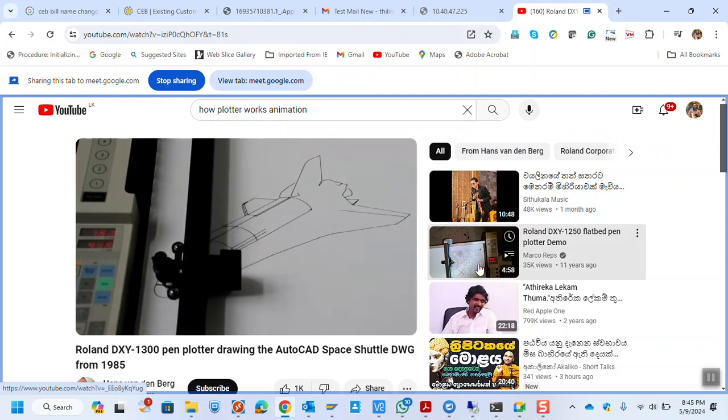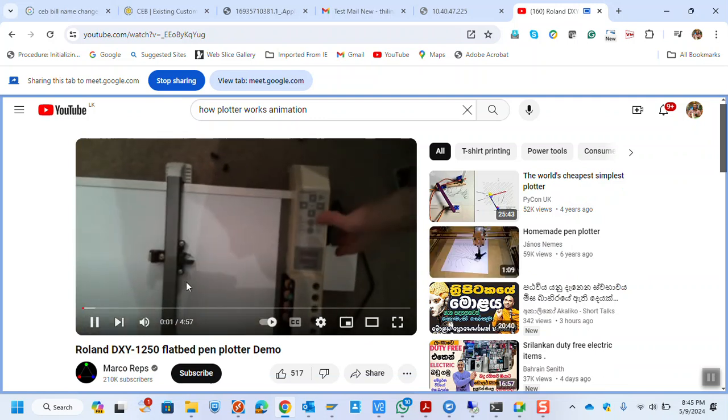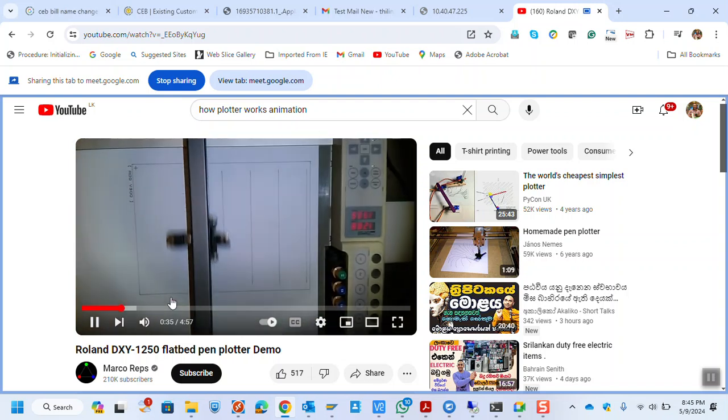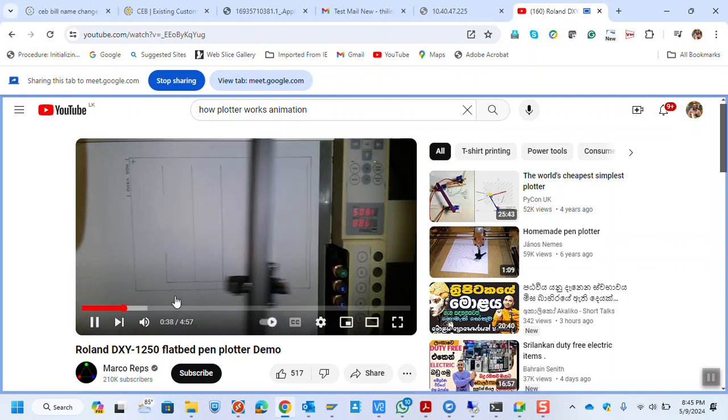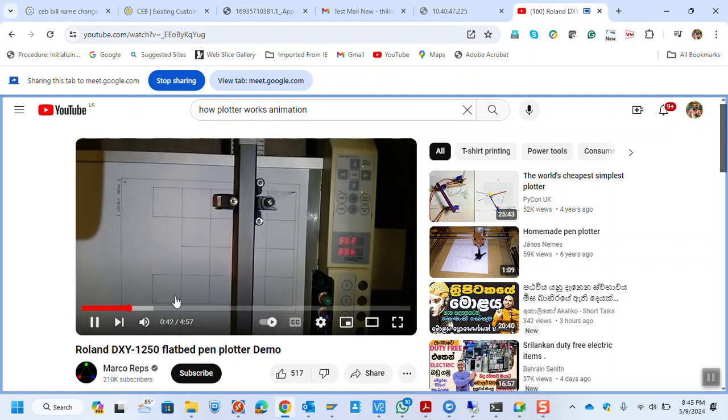That's one type, and here one more type. So the pen moves here and there. Actually, that bar moves, right?